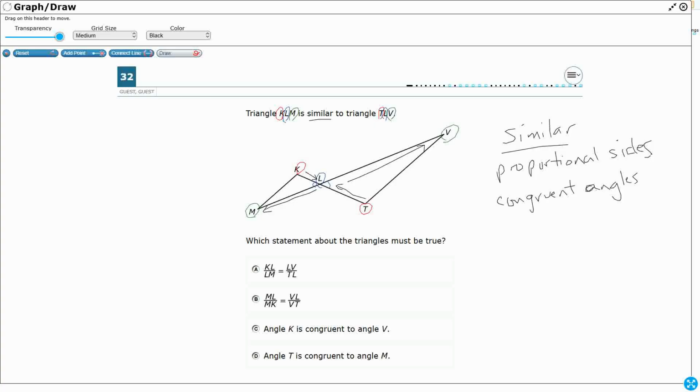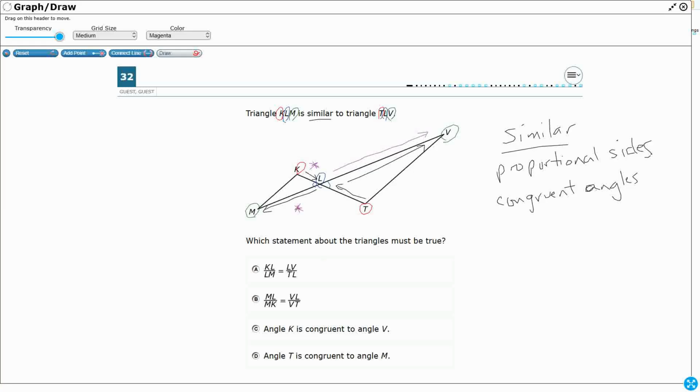So let's look at KL and LM. Let's look at this first one. All right, so KL is going to be this one right here, is to LM. So you notice that was my first and my second jump, right? KL to LM. So then you notice how we go from LV. Look at this right here. That's the wrong jump.